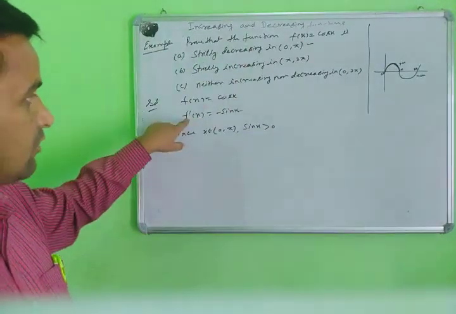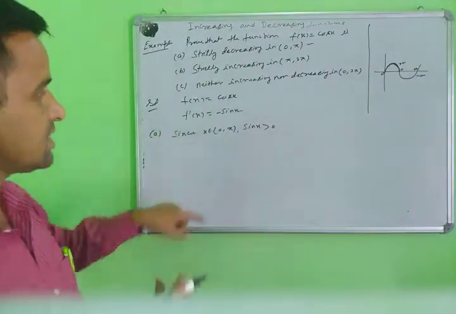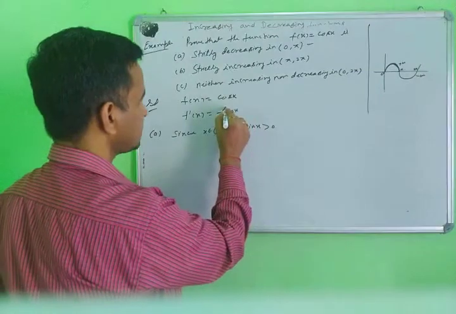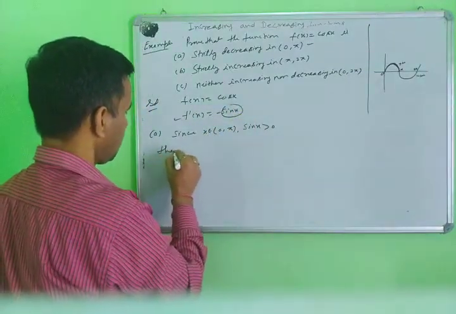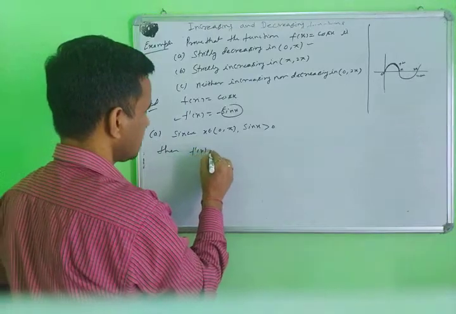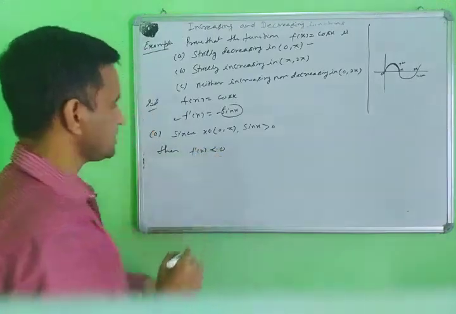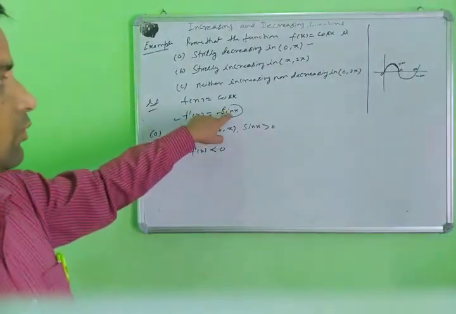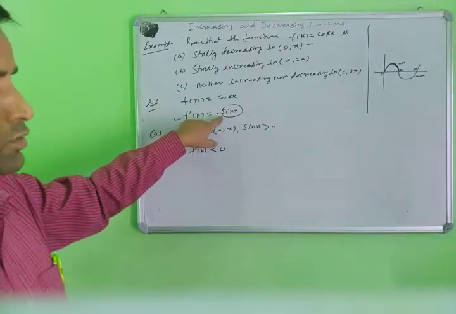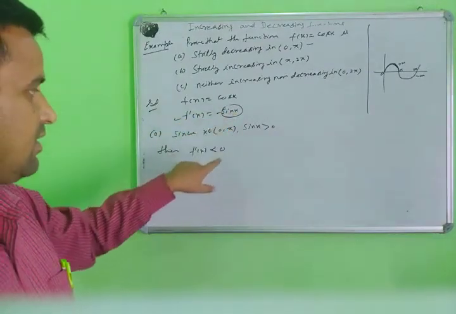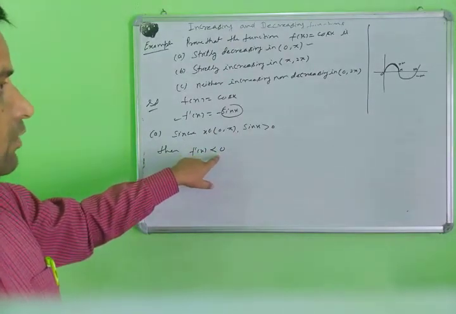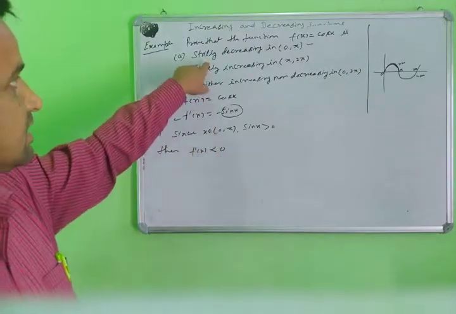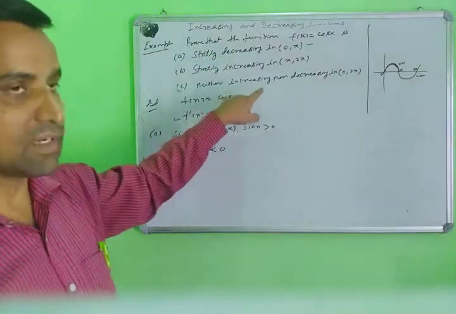Suppose the value of sin x is positive. Then what is the value of f dash x? Then f dash x will be less than 0. Suppose you write 2, 3, 4, 5, then the result will be minus 2, minus 3, minus 4, minus 5, always less than 0.